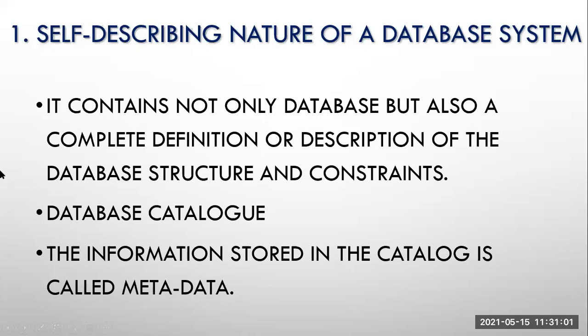Okay. So I hope you have got the self-describing nature of a database system. The first point specifies that it contains not only the database, but also a complete definition or description. I will say, Sai Prakash, you collect all the names and marks of your class. Okay, he has collected them. Only a small database is there. Then I will tell Sai Prakash, yes, you have collected all the data. Now do one thing, create a table.